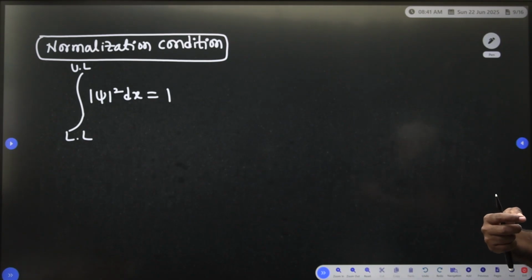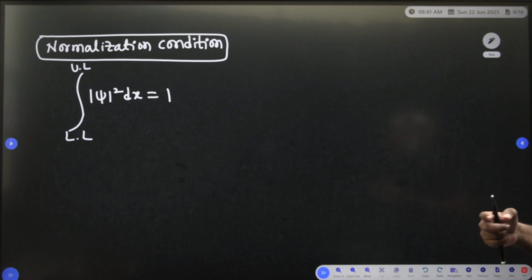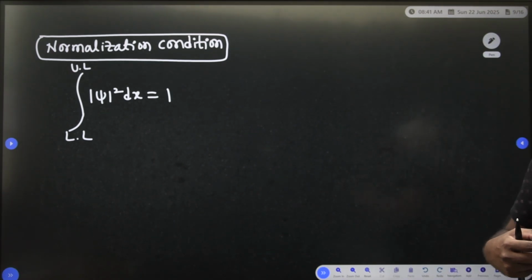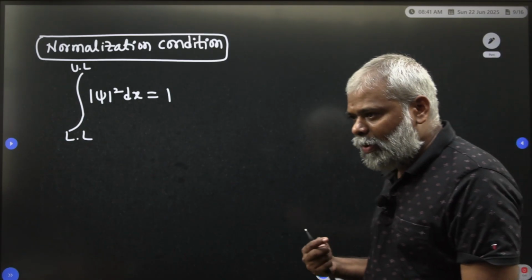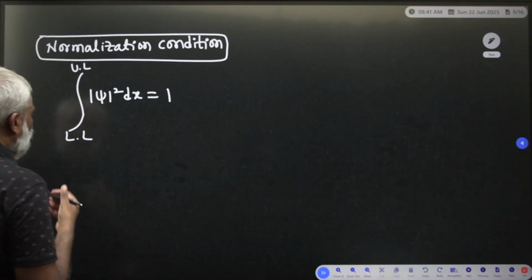Your normalization condition is integral from lower limit to upper limit of modulus of psi square into dx is equal to 1.